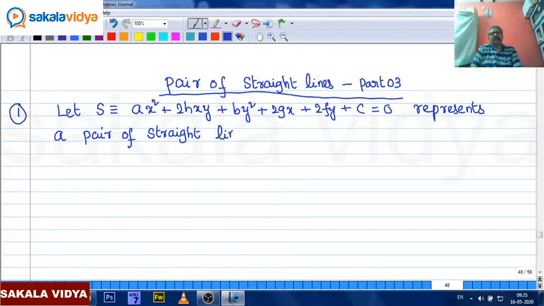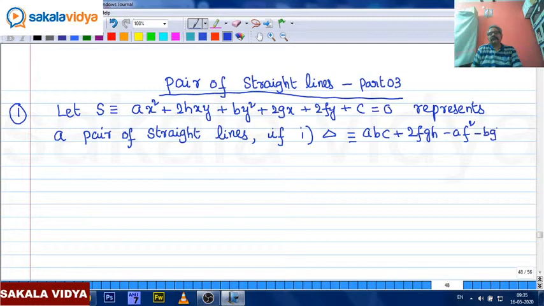If the first point is delta equals abc plus 2fgh minus af square minus bg square minus ch square should be 0.